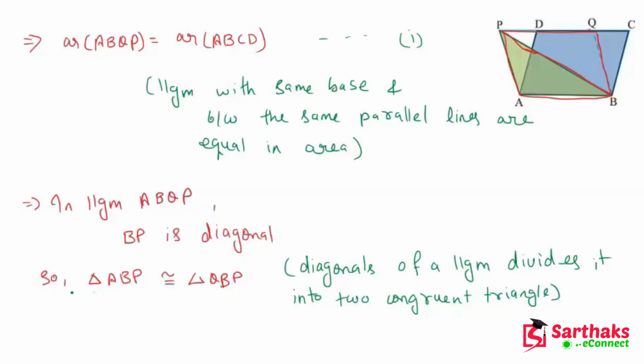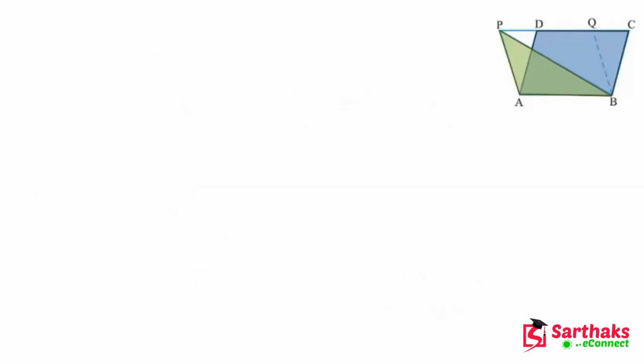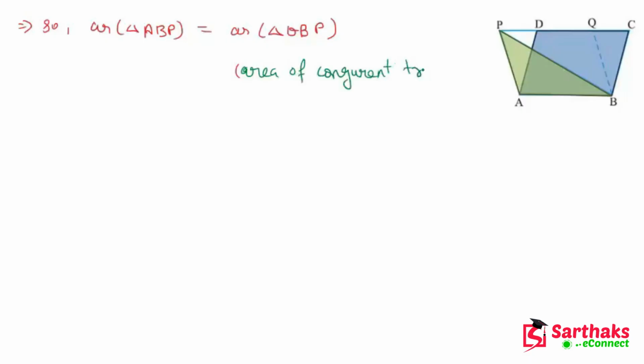So we can say that the area of triangle ABP is also equal to the area of triangle QBP, because the area of congruent triangles is equal. Okay, got it?